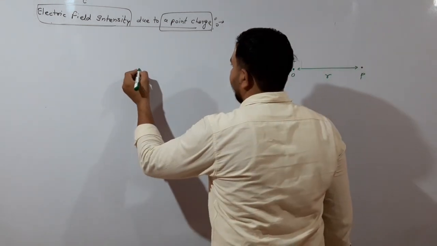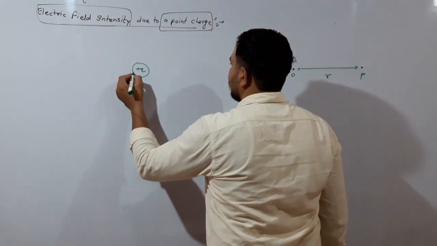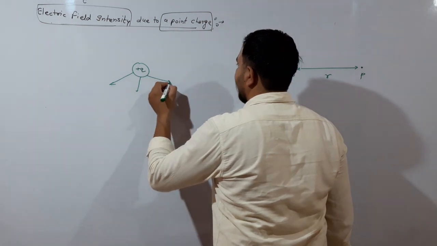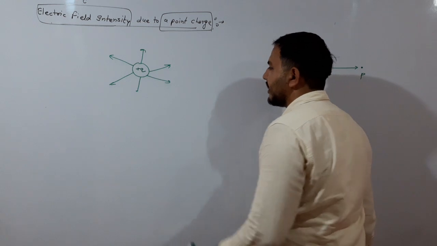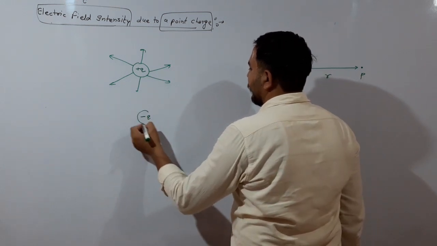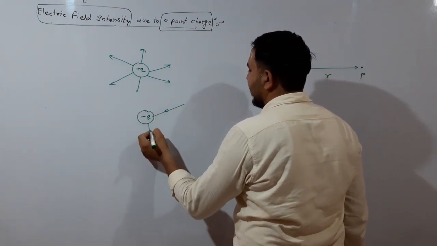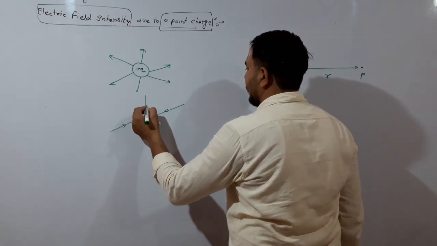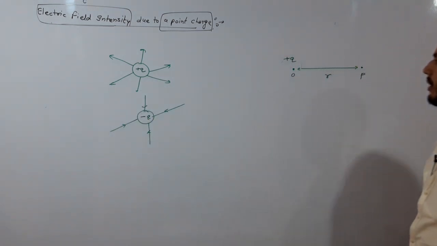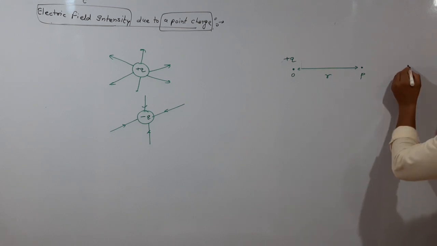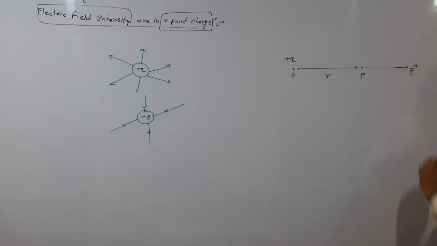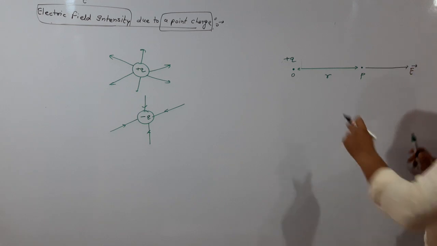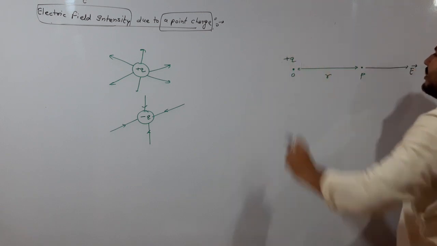We know that due to a plus q charge, the direction of electric field is always outward from the charge, and for minus q, it is inward. Here plus q charge is present, so we take the direction of electric field E vector along the x-axis. If you take the y-axis, you take the direction this side.